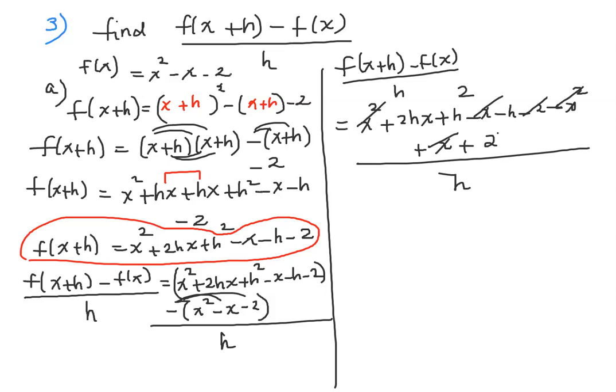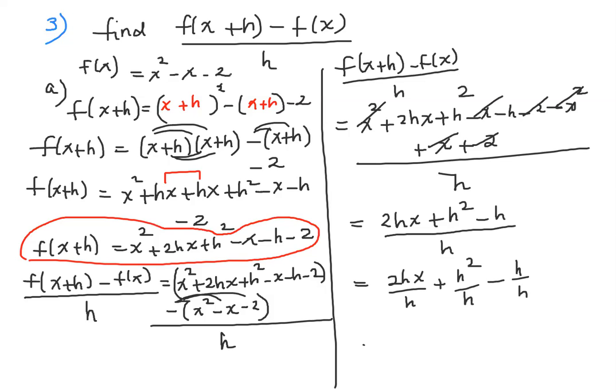So finally we are getting 2xh plus h squared minus h over h. So if you divide each one of them by h, we get 2x plus h minus 1. So this is the difference quotient.